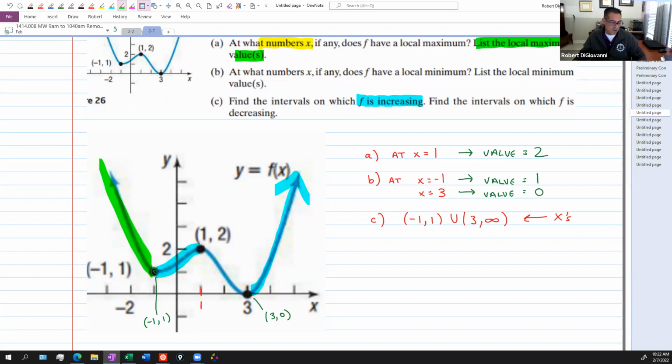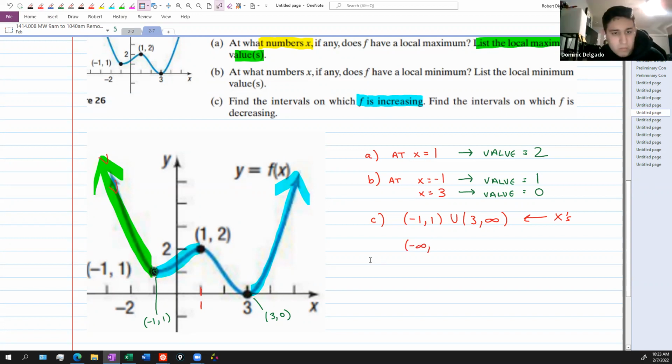Yes, exactly. So it goes to the left, right? To the left, it's always going up, but if you were traveling down that graph, you'd be coming down. So negative infinity to where? Is it -1 or +1? -1. So you're always going to pick the x value.